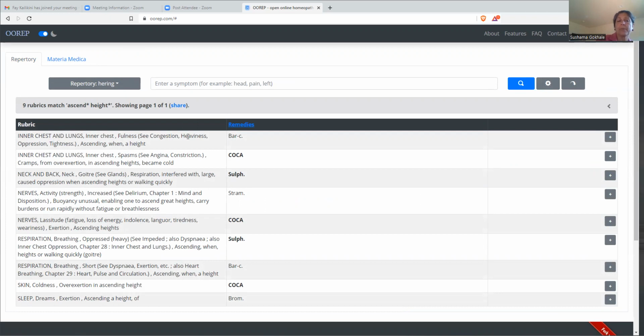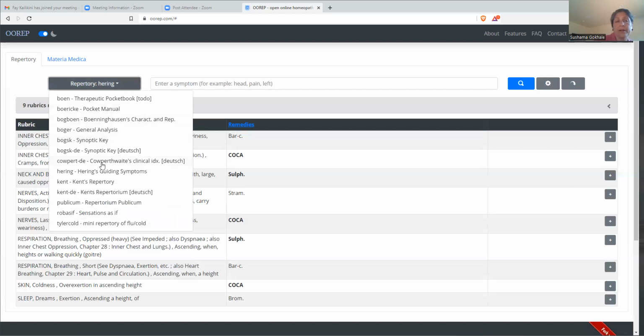And so Baryta carb is a wonderful remedy for someone who's got lung cancer, say, and they have oppression. They feel like they're breathing thick air, as is coca. Coca, you're breathing thick air. And so this is how you look at the Repertory and the Materia Medica.